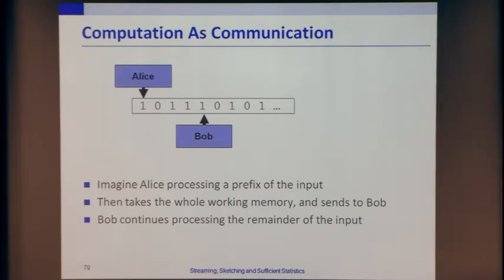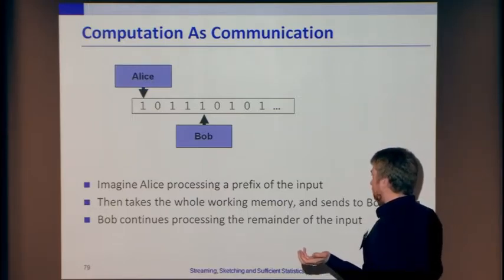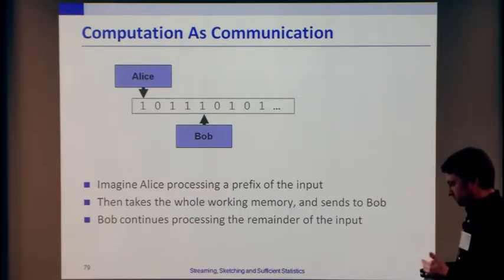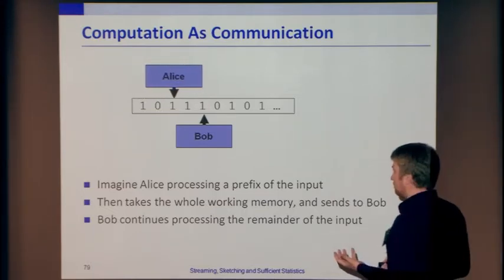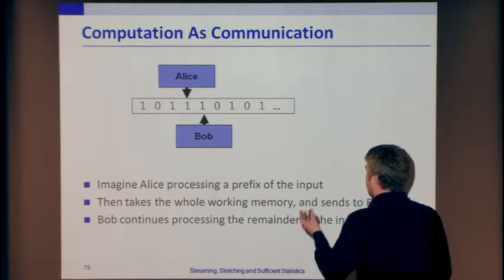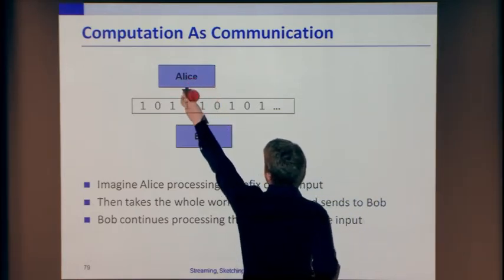So here's our communication game. We have our old friends Alice and Bob. Think of laying out the input as a sequence where Alice is going to process some prefix of that input. And while she goes along, she is going to have built up some data structure.